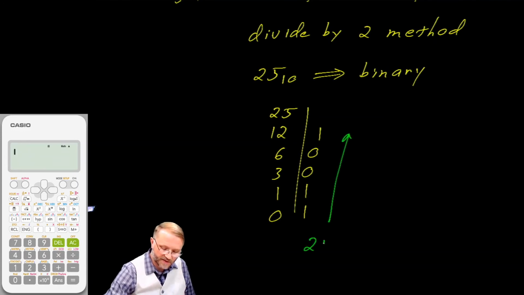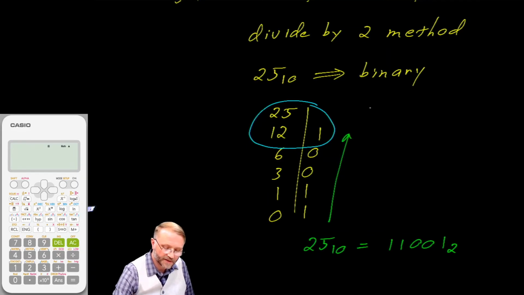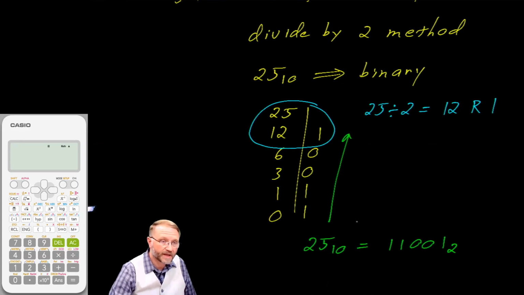So we say 25 base 10 is equal to 11001 base 2. As for your opening move, remember this piece right here was 25 divided by 2 is equal to 12, remainder 1.